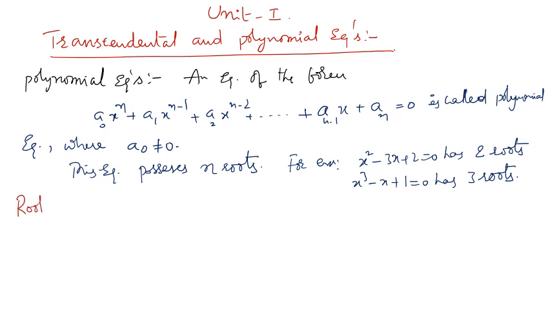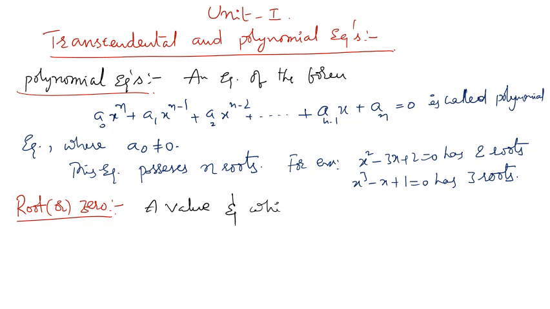The definition: root or zero. This is polynomial equation. Root or zero. What is the meaning of this? A value xi, I am using the notation xi for the root, a value xi which satisfies the equation f of x equal to 0.